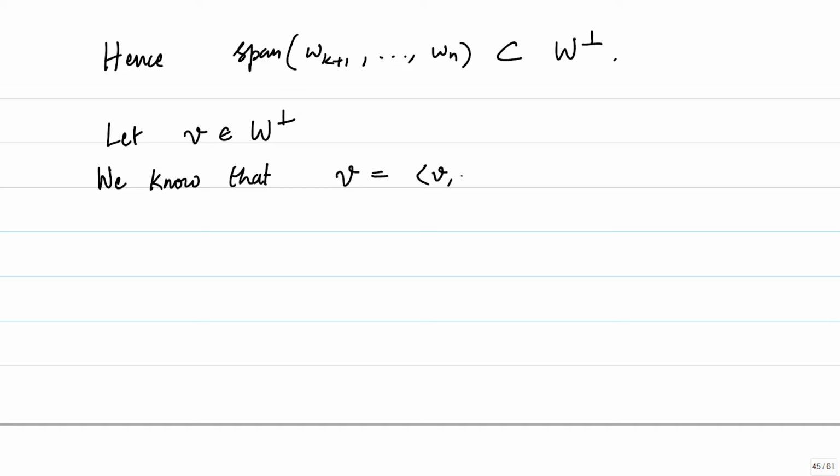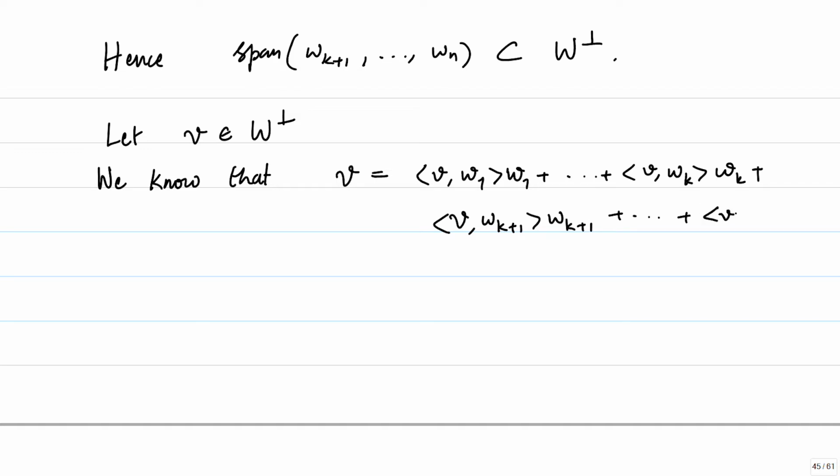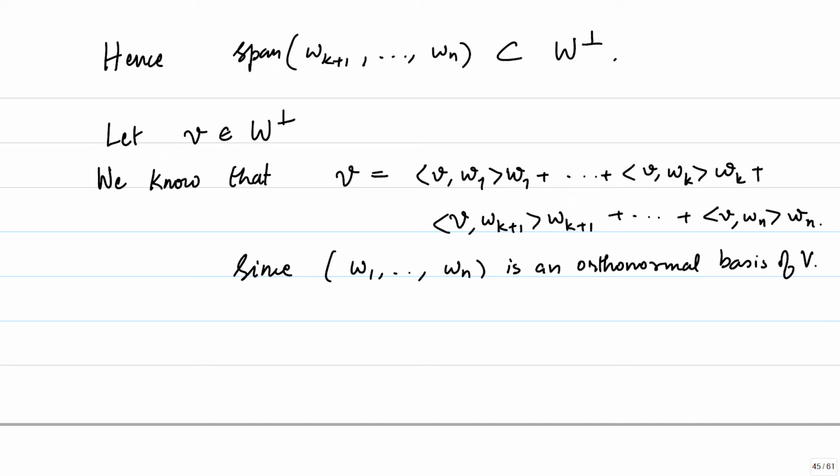So, v is equal to the inner product of v with W1 times W1, plus and so on up to the inner product of v with Wk times Wk, plus the inner product of v with Wk plus 1 times Wk plus 1, plus up to the inner product of v with Wn times Wn, since W1 to Wn is an orthonormal basis of V. So, any vector can be written like this.